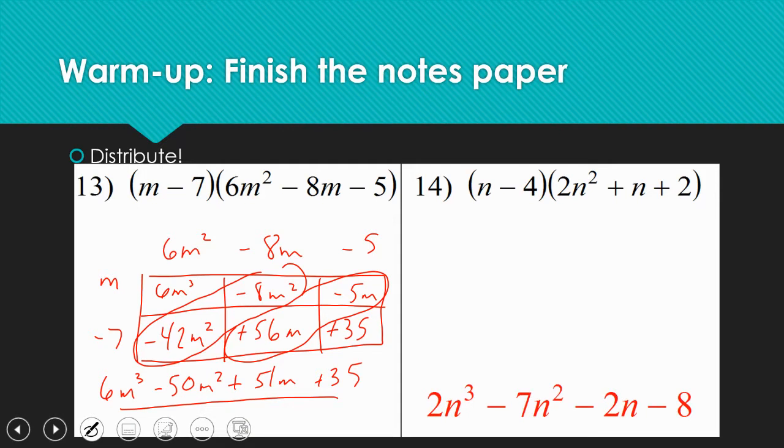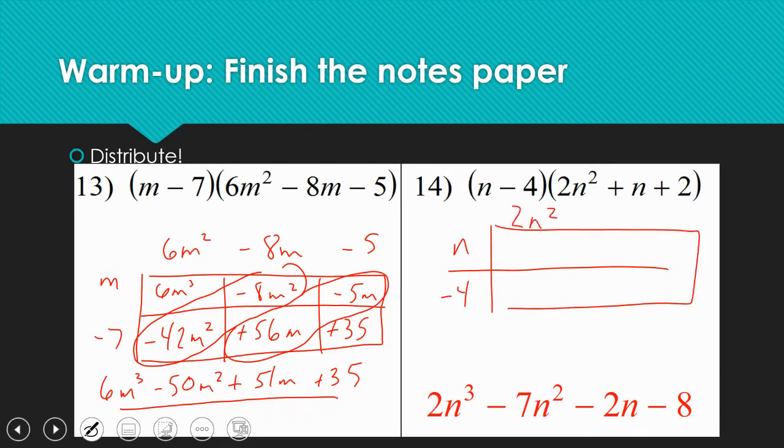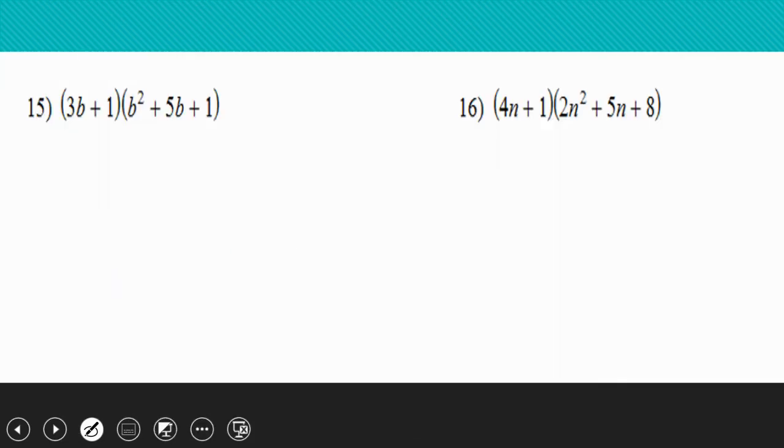There's your answer. If you were multiplying using the box, which I recommend, especially for this one, it looked like that. Again, these diagonals were going to be the same. I will do one of these using the distributive property for those of you that are doing distributive property.